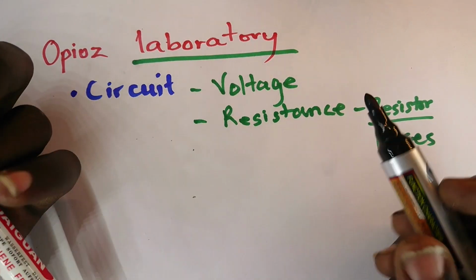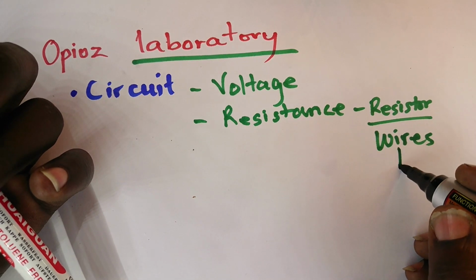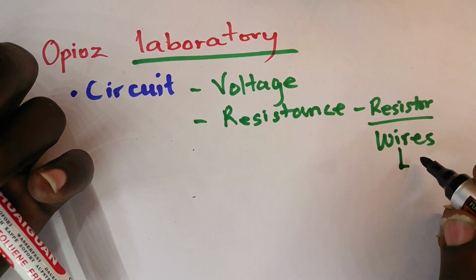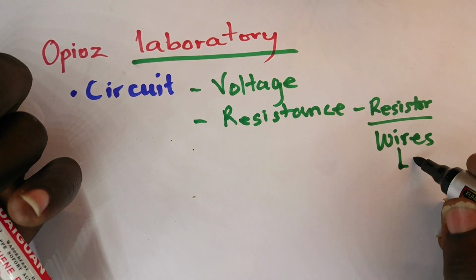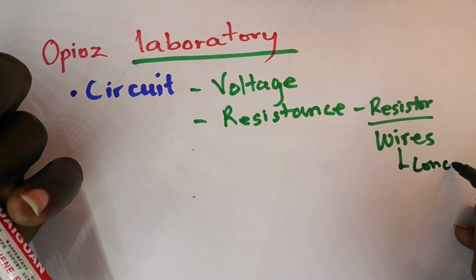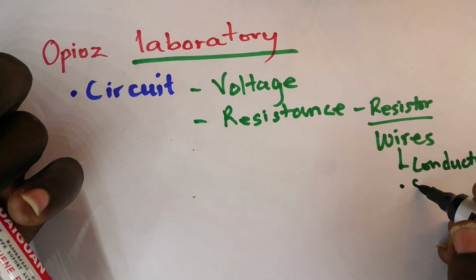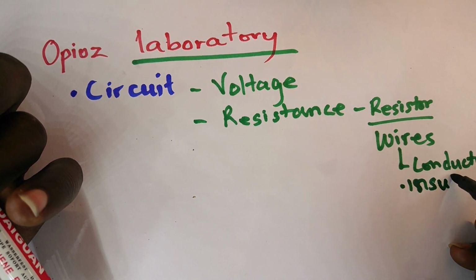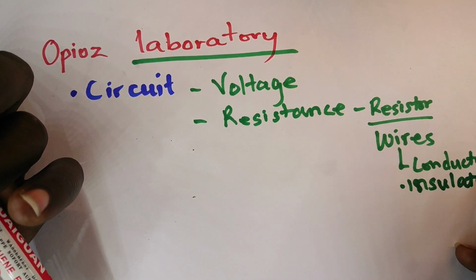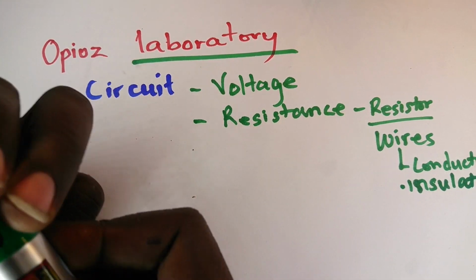And having talked about wires, it introduced the concept of conductors, and then as such insulators. So we dealt with insulators and conductors. I think we dealt with those exhaustively.